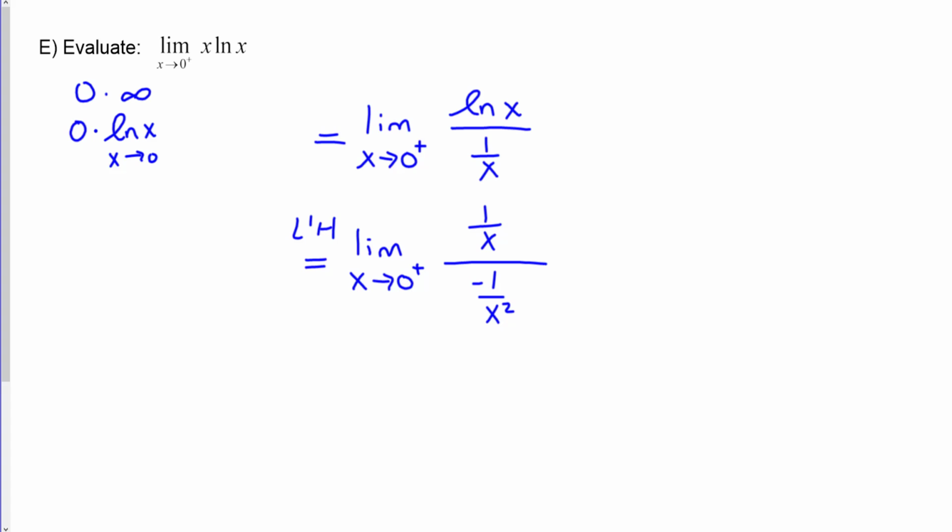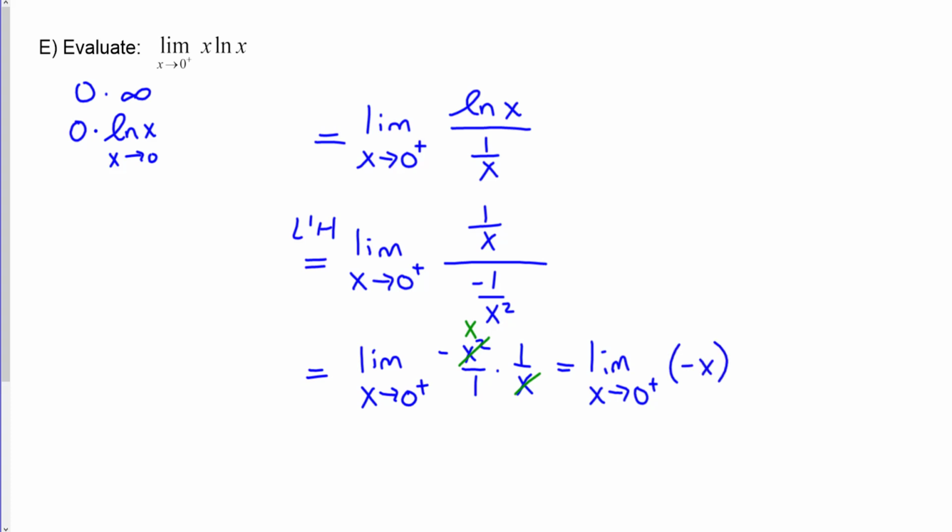So let's invert and multiply. This would be the limit as x goes to 0 from the right of negative x squared over 1 times 1 over x. So one of these x's goes into one of these, leaving me an x. So I now have the limit as x goes to 0 from the right of, looks like just negative x remains. And if you put in 0, you'll just get 0.